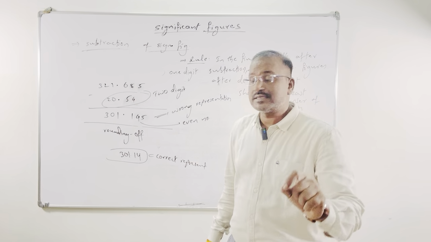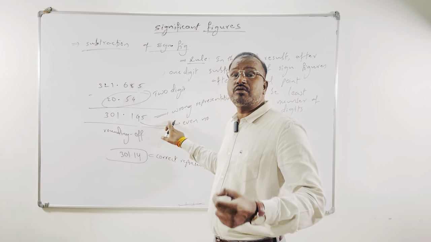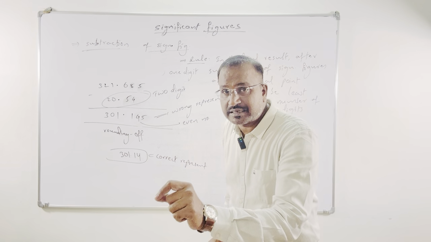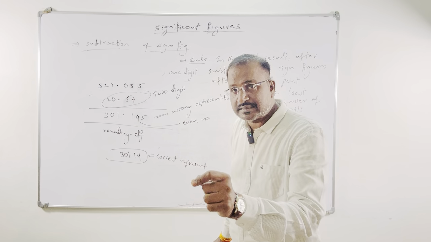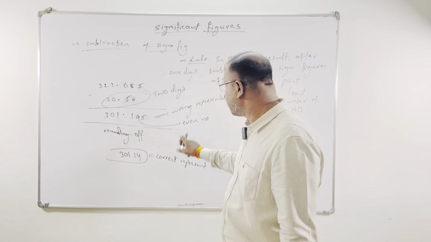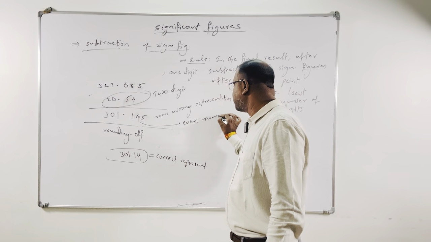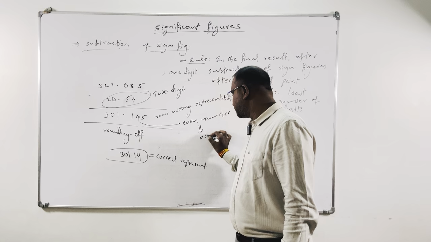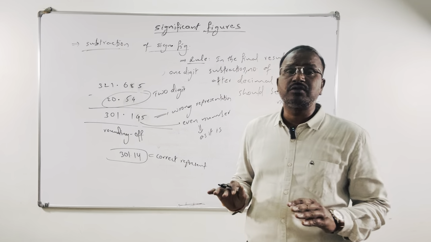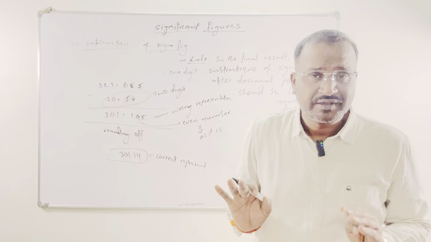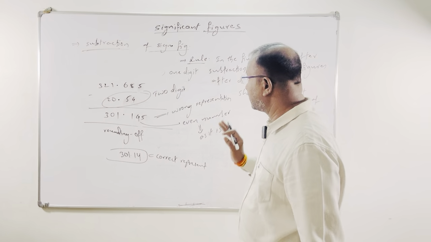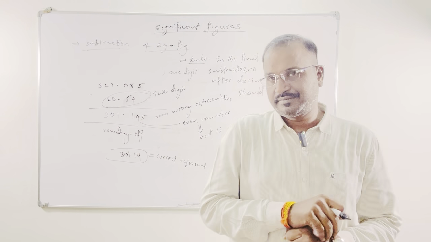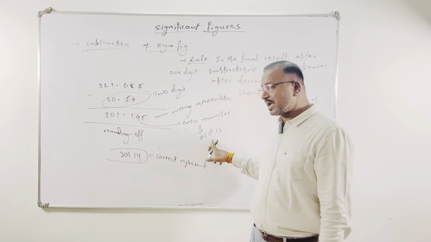If you want to round off the 5, and the digit before the 5 is even, that digit should be as it is. No need to change, no need to increase, no need to decrease. And if the before digit is odd, what should be done? If the before digit is even, the number should stay as it is.